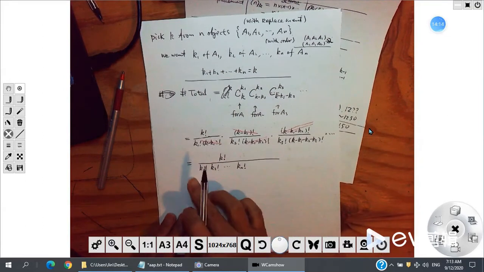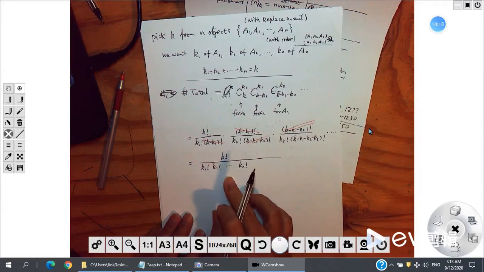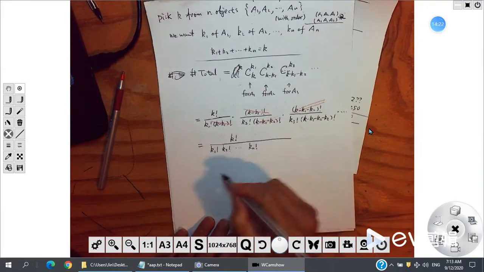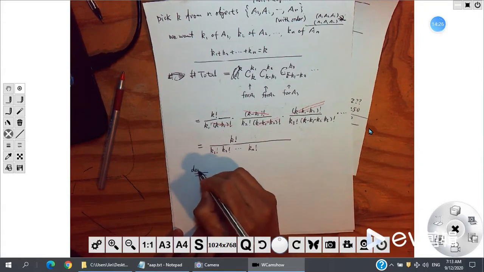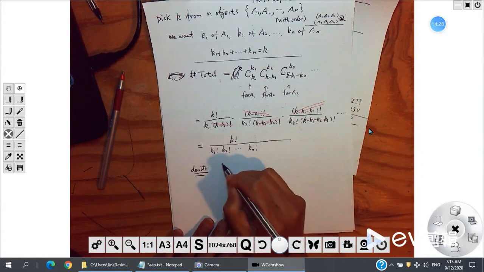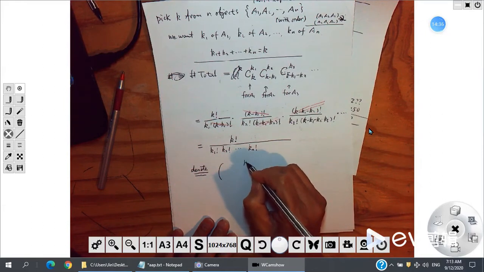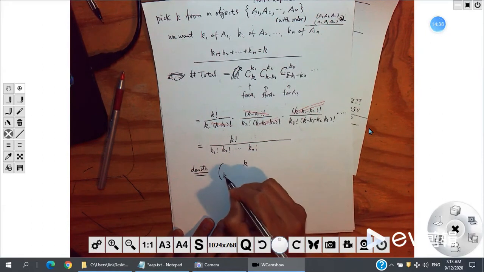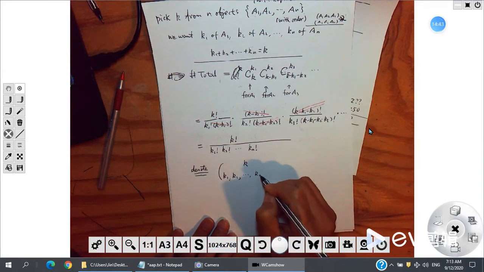So totally amount of different choices is this number. And we have a notation. We denote these as k on the top, and then k1, k2 to kn in the bottom.